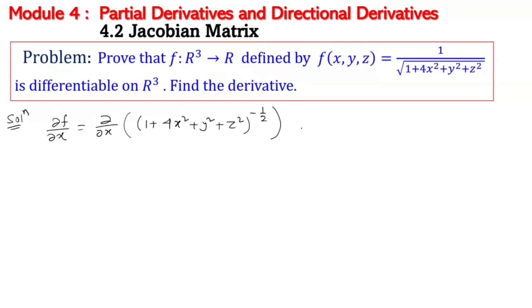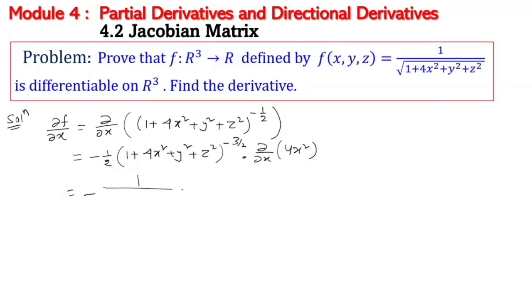By the rules of the partial derivative, this is equal to minus half times (1 + 4x² + y² + z²) to the power minus 3/2, and the partial derivative of 4x² is 8x.